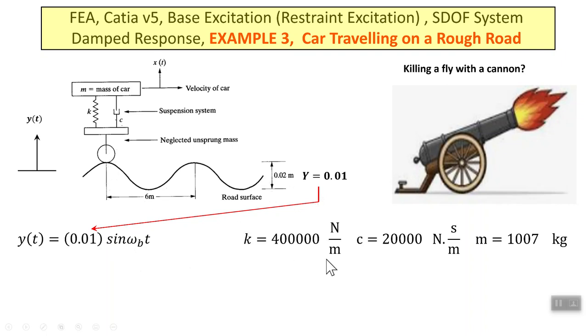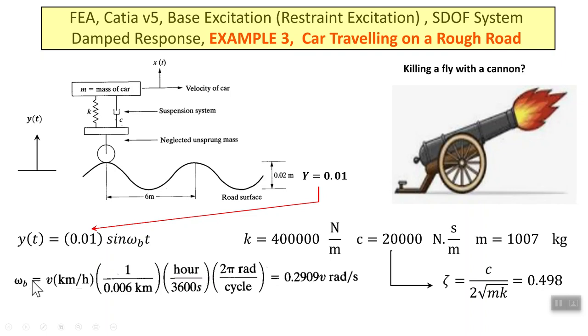Omega b, you can easily relate to the velocity of the car by making conversions. For example, if the velocity of the car is specified in kilometers per hour, then this is the way it's going to be. This is going to be the circular frequency of the oscillation of the base.